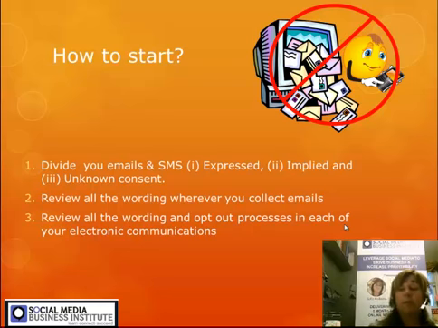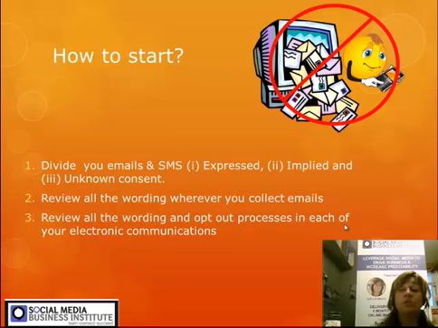That's implied consent. You're allowed to send them emails for 2 years. After those 2 years, you're supposed to stop, unless it was express consent, which means with express consent, you can send them emails forever until they click on unsubscribe.